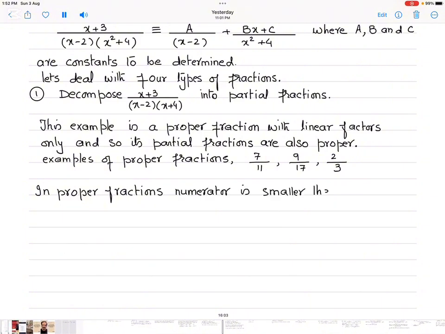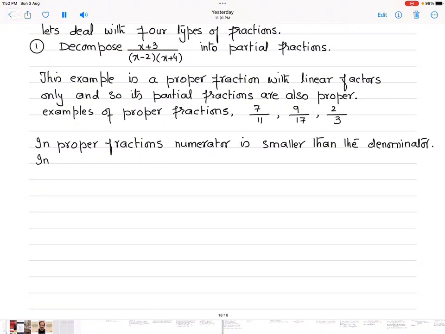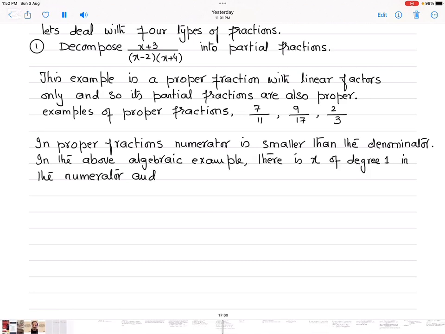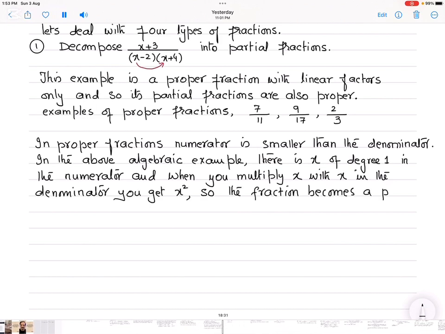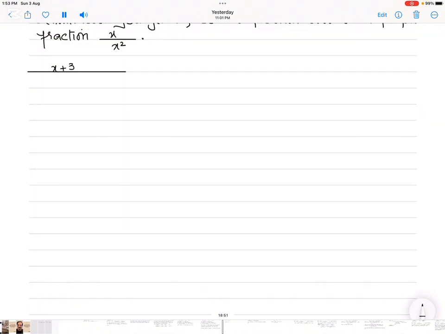In proper fractions, the numerator is smaller than the denominator. In the above algebraic example, there is x of degree 1 in the numerator, and when you multiply x with x in the denominator, you get x squared. So the fraction becomes a proper fraction, x over x squared.